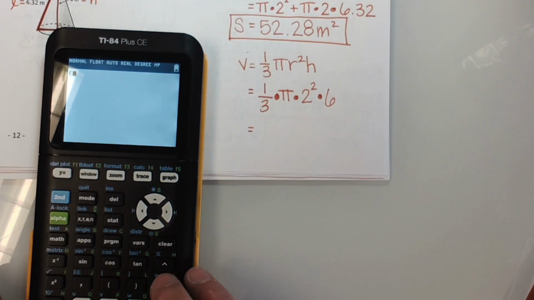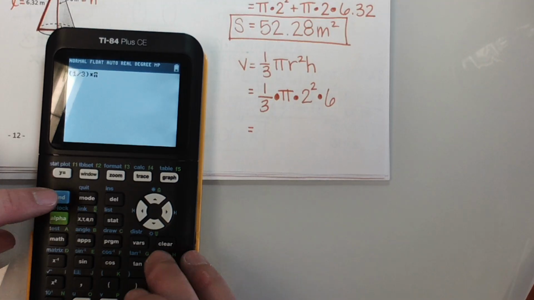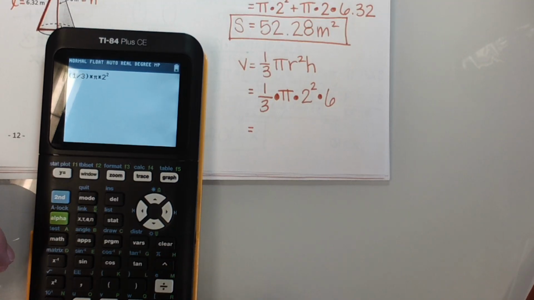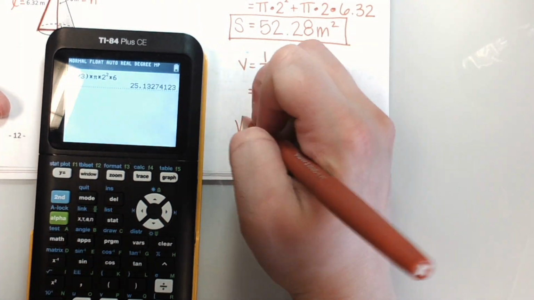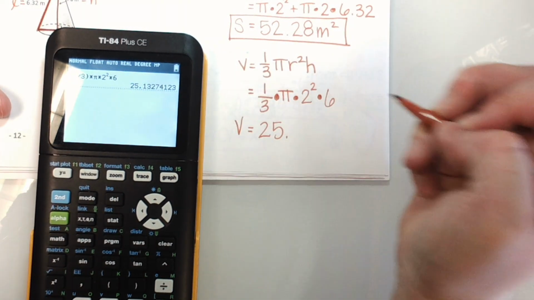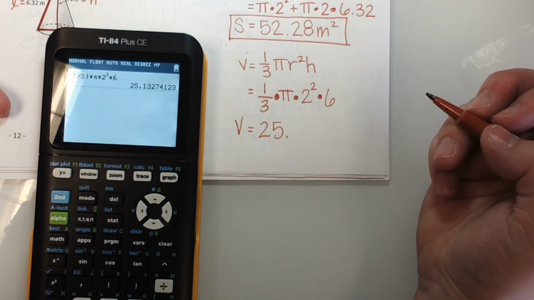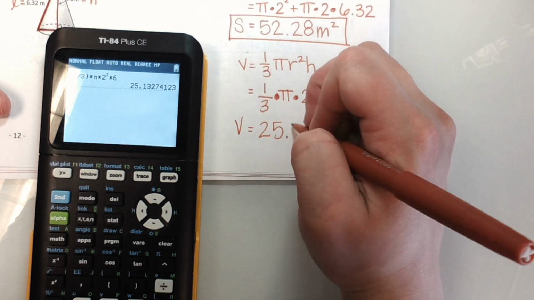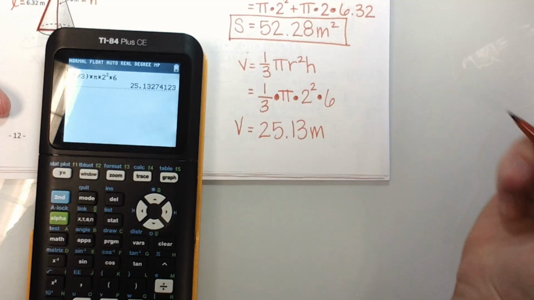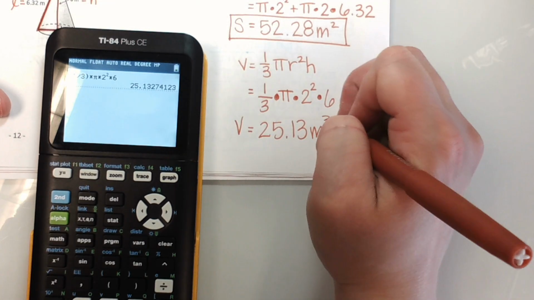If you are worried about the fraction causing issues, put it in parentheses. It's not the end of the world on this one if you don't. Times pi times 2 squared times 6. Volume is 25.13 meters cubed.